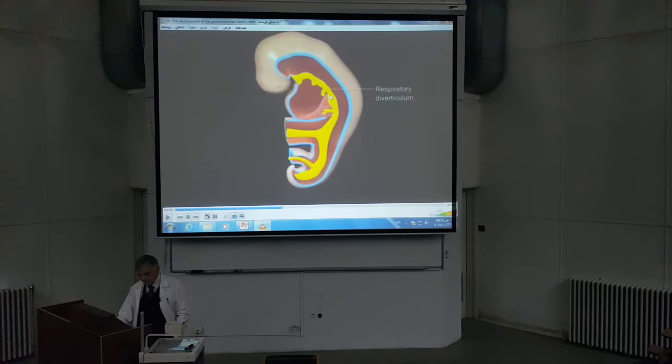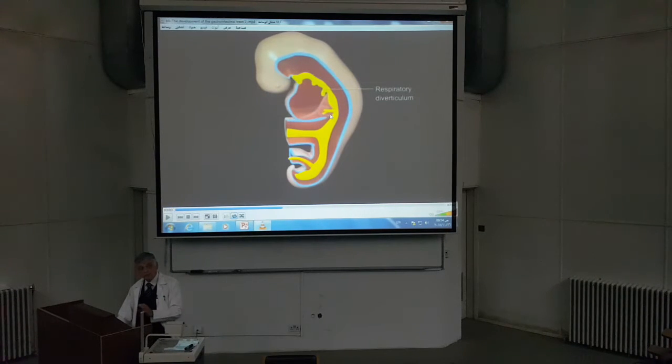Now we have seen the development of the stomach. There is this red structure here which is called septum transversum. It is a very thick mass of mesoderm. And this very thick mesoderm extends from the posterior abdominal wall to the anterior abdominal wall, but not all the way.